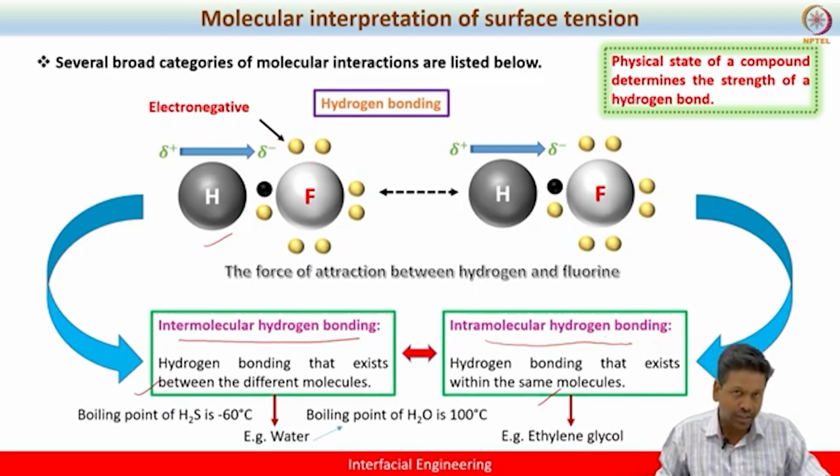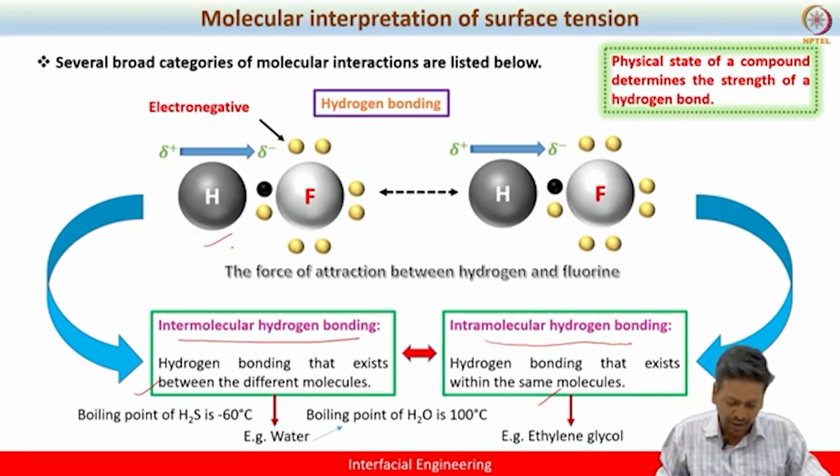So because fluorine is highly electronegative, the electron cloud will shift from the hydrogen to fluorine, and the probability of the electron cloud being seen at the fluorine end will be high. Because of this, the fluorine will gain net negative charge, whereas hydrogen will gain net positive charge.